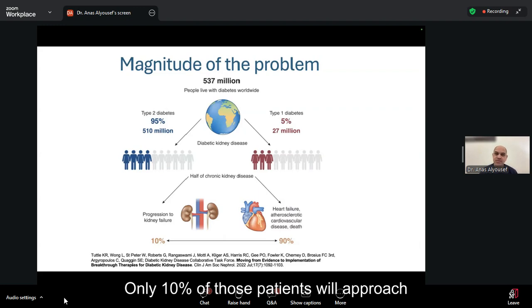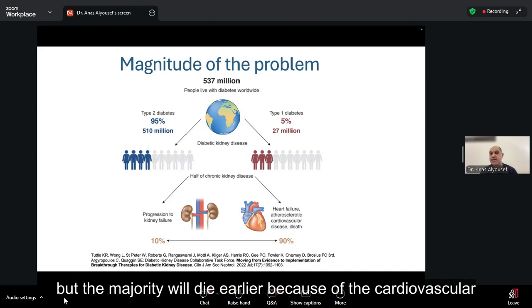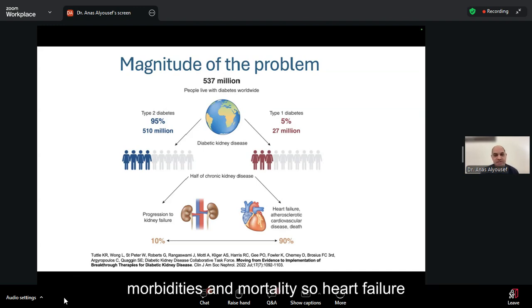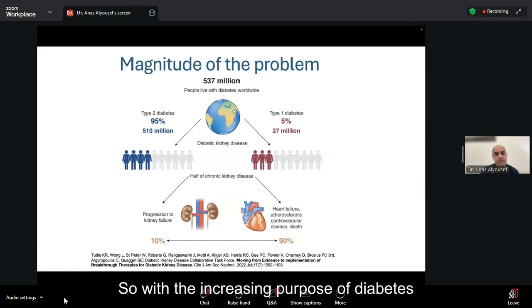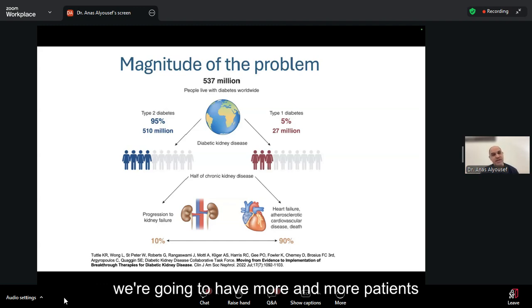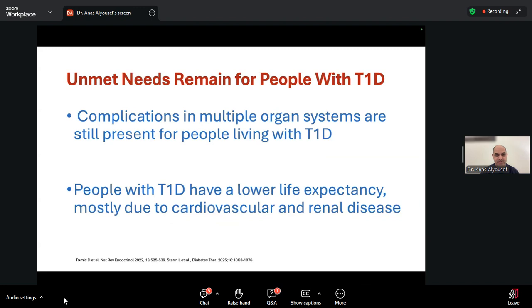Only 10% of those patients will approach end-stage kidney disease requiring dialysis or kidney transplant, but the majority will die earlier because of cardiovascular morbidities and mortality, so heart failure, atherosclerosis, sudden cardiac death, arrhythmias, and so on. So with the increasing prevalence of diabetes, we're going to have more and more patients with diabetic kidney disease.